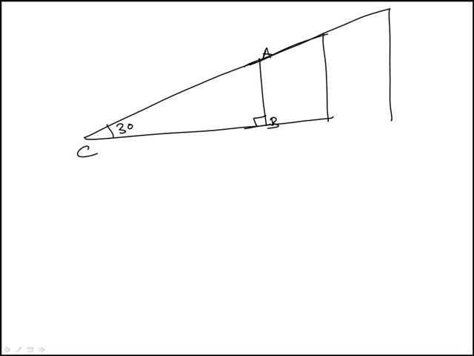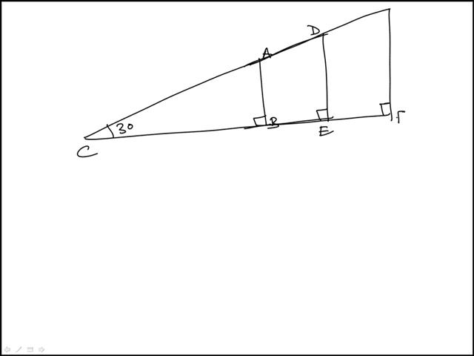I'm just going to redraw this triangle here. So if we have any right triangle, where this is 30 degrees, and no matter how large of a triangle we can make here, let's say this is DE.